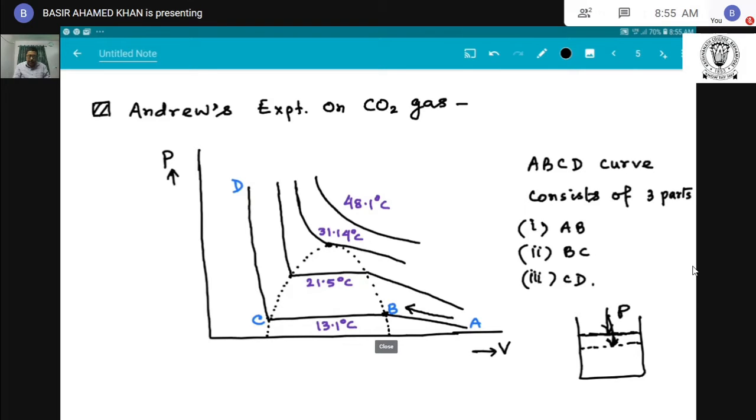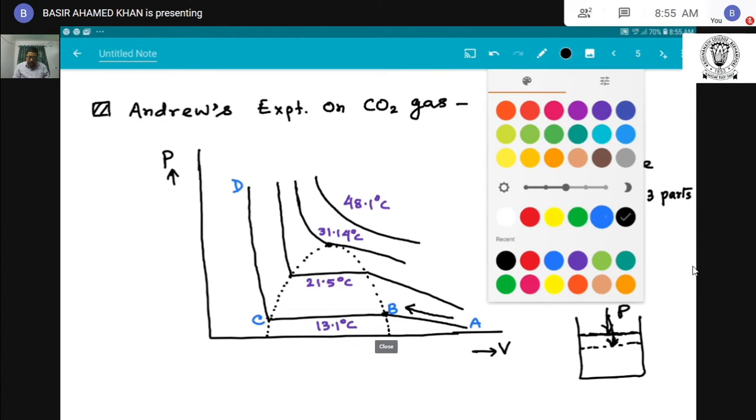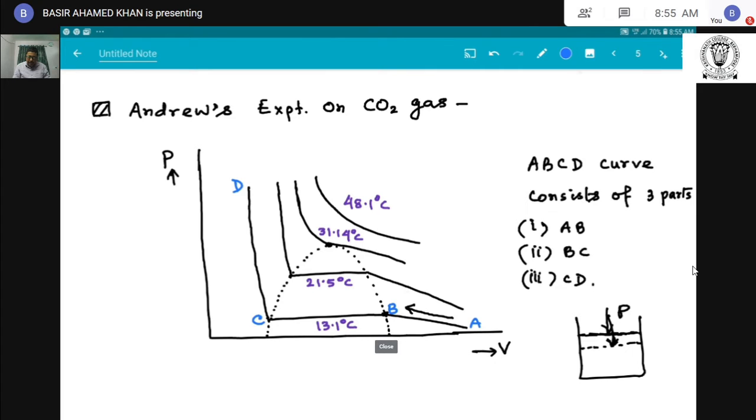That means by the line BC, if we go from B to C, the liquefaction continues and the pressure remains constant, but the volume decreases.